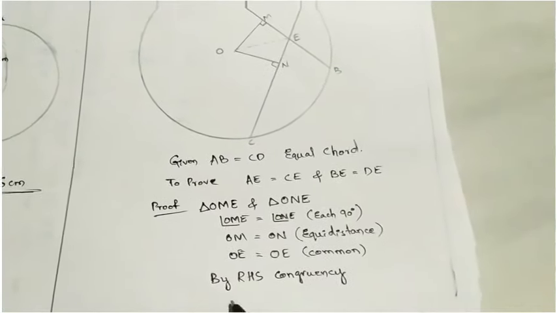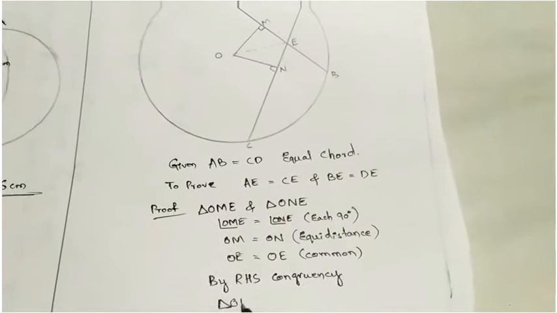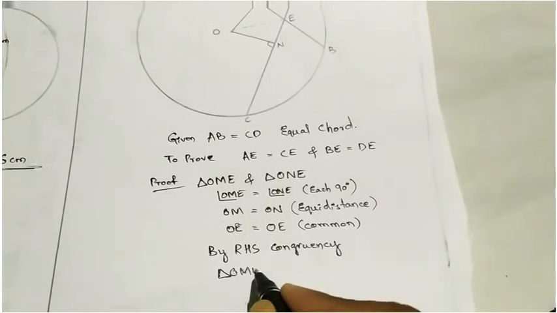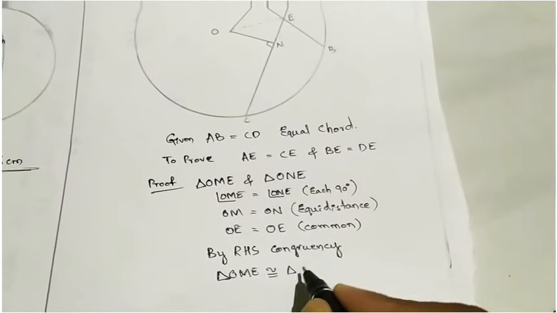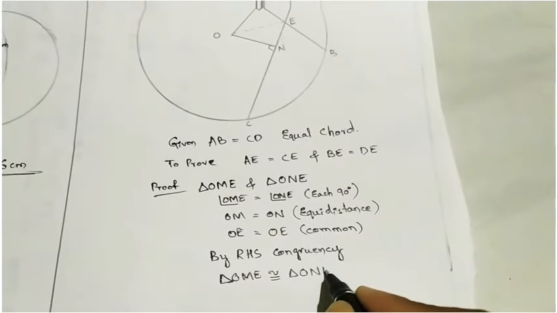we got that triangle OME is congruent to triangle ONE.